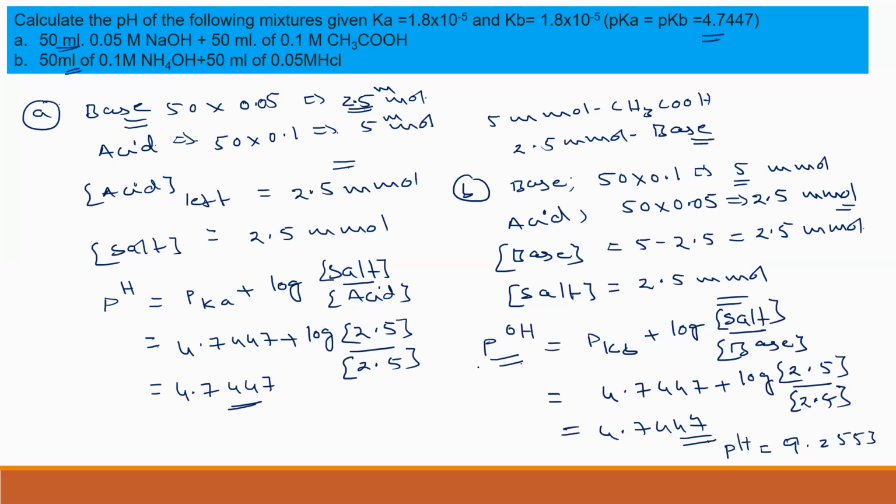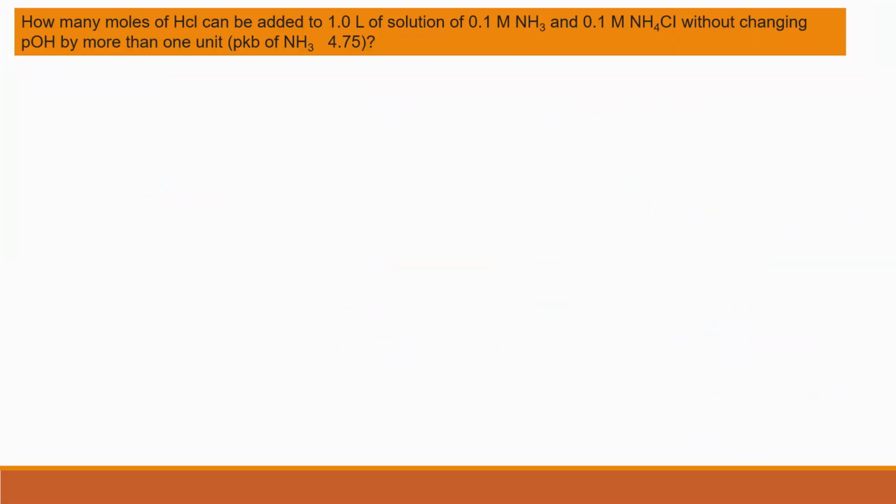Okay, done. So coming to the next question. How many moles of HCl can be added to 1 liter of solution of 0.1 M NH3 and 0.1 M ammonium chloride without changing pOH by more than 1 unit? pKb of NH3 is 4.75.